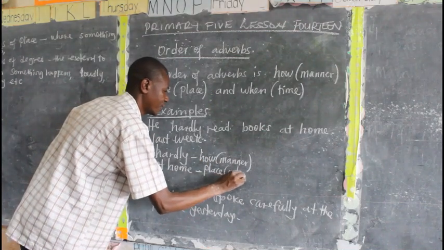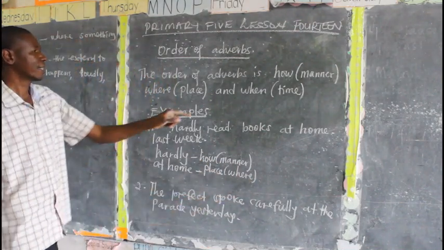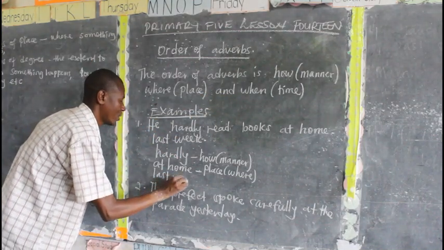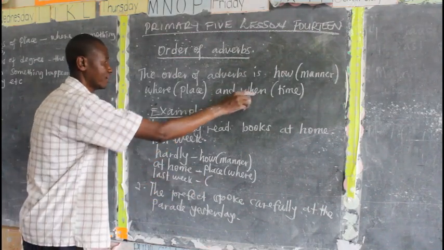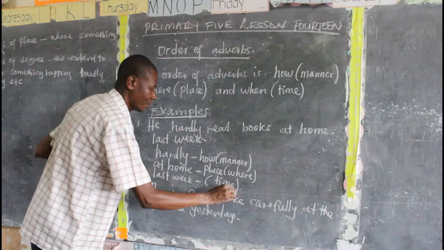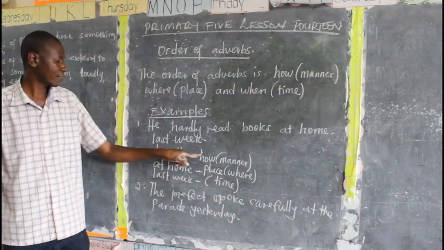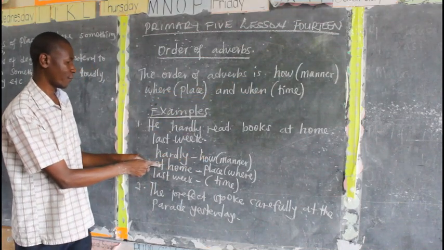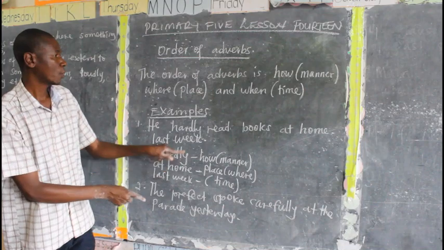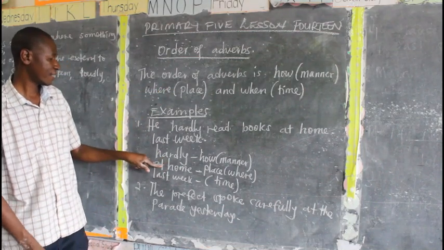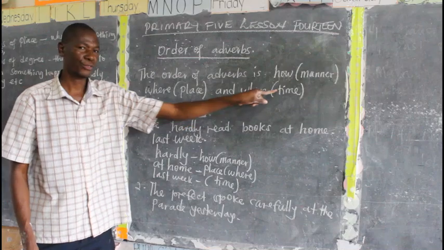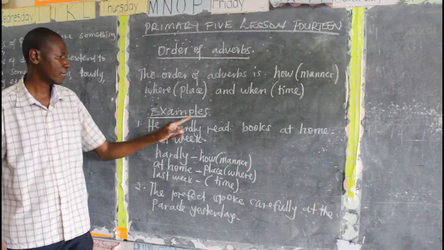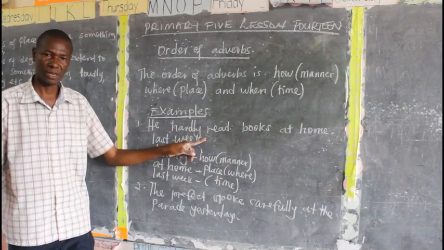Then last week, that means it is time. So the first adverb to appear in the sentence is hardly, which is how. The second adverb is at home, which is where. And the last one is last week, which is time. So the correct form of the sentence is: he hardly read books at home last week.